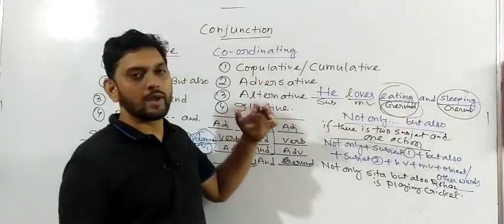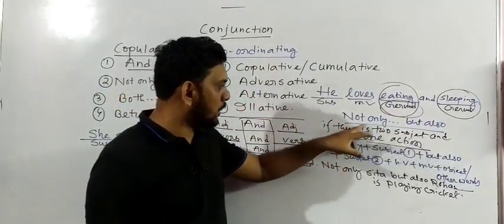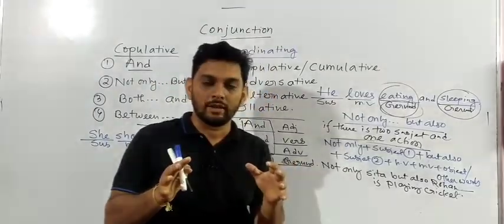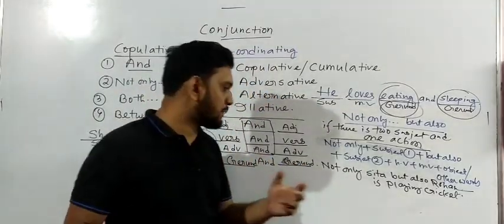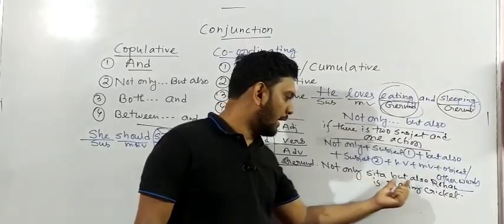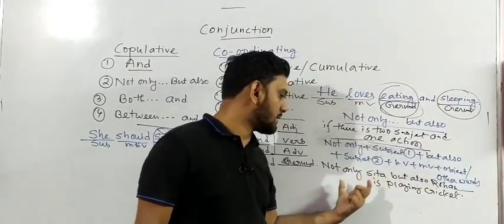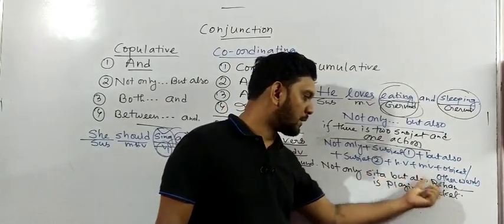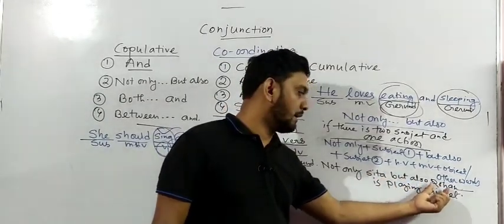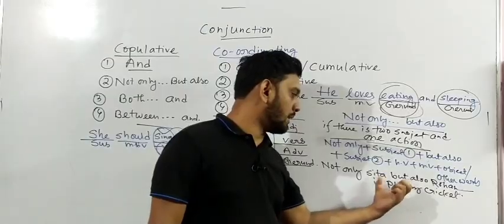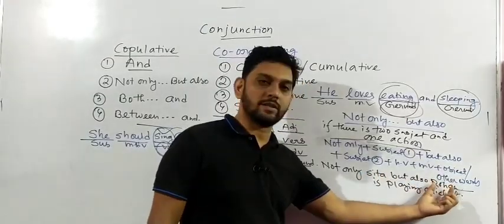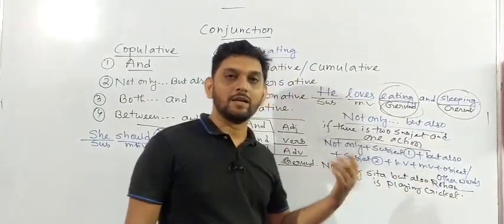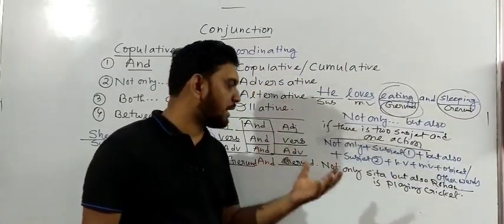As I discussed previously, with not only but also, maintain the order and the parallelism. You see, not only Shita, but also Rohan. After not only we have used a noun, and after but also we have used a noun form. Both words are joined by but, which is also a coordinating conjunction.